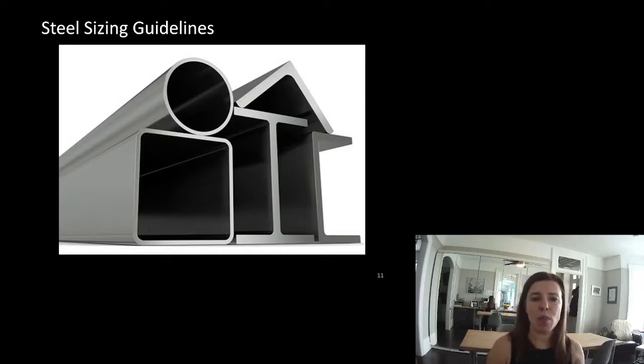If it wasn't an open web steel joist and it was a beam, we would call that beam a purlin. So if you see a beam that's repeated, picking up concrete on metal deck or metal deck, and it's 2 meters on center or around 2 meters on center, it's a beam, but it's a purlin type beam. If it's doing something more than that, it's no longer a purlin.